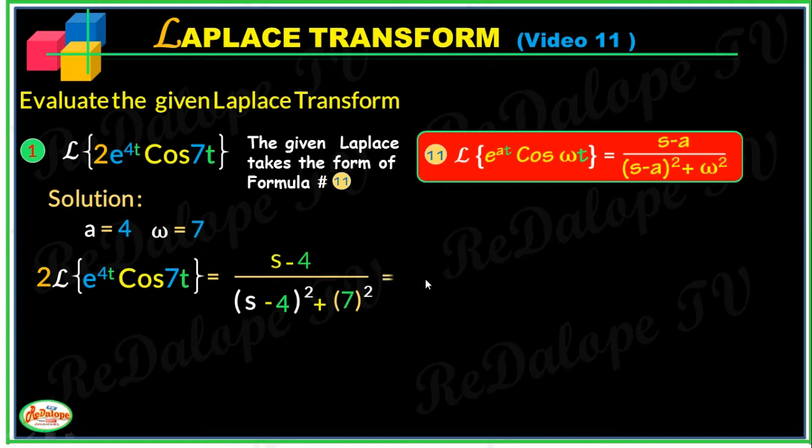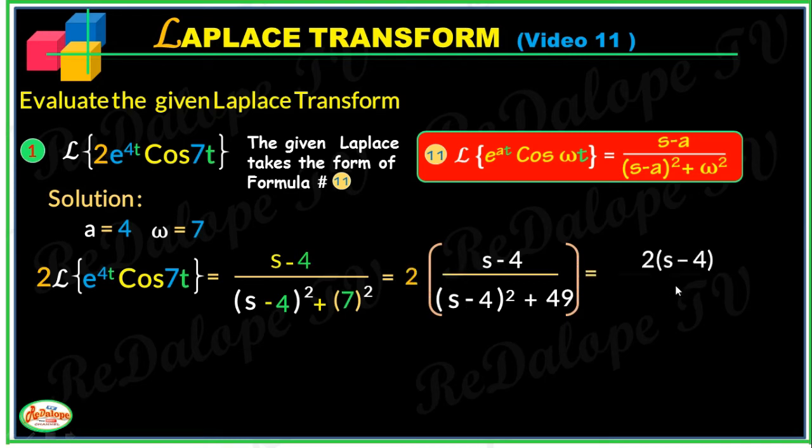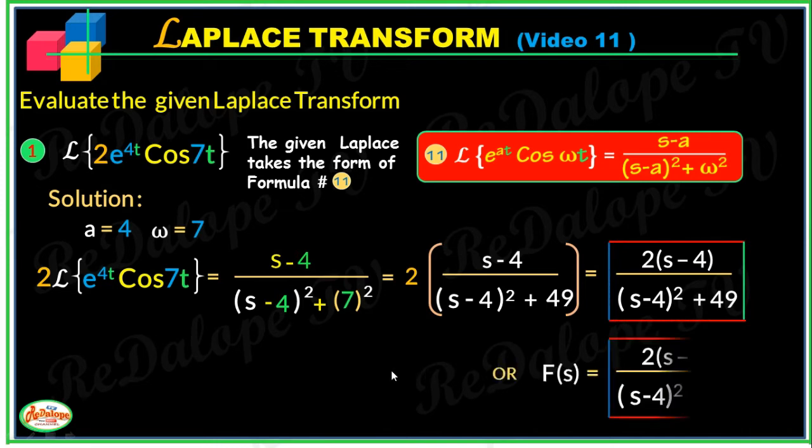This becomes s minus 4 divided by the quantity of s minus 4 squared plus 49, multiplied by 2. So we have the final answer: 2 times s minus 4 divided by s minus 4 squared plus 49, which can also be written as F of s is equal to twice the product of s minus 4 divided by the quantity of s minus 4 squared plus 49.